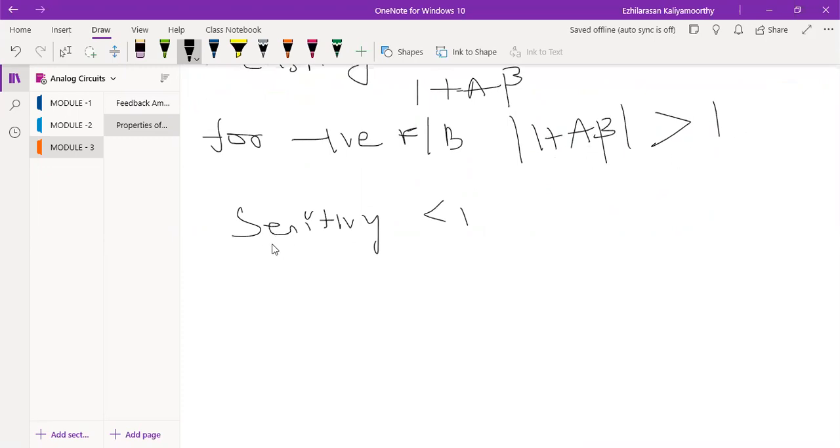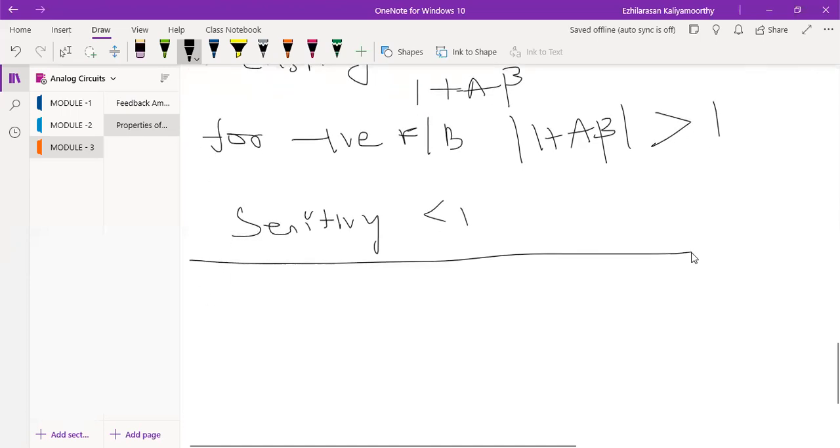So from this we can say the negative feedback always gives a closed loop gain with reduced sensitivity to variations in the forward gain. The forward gain in the sense open loop gain. That is about the gain desensitivity, the first property of negative feedback amplifier.